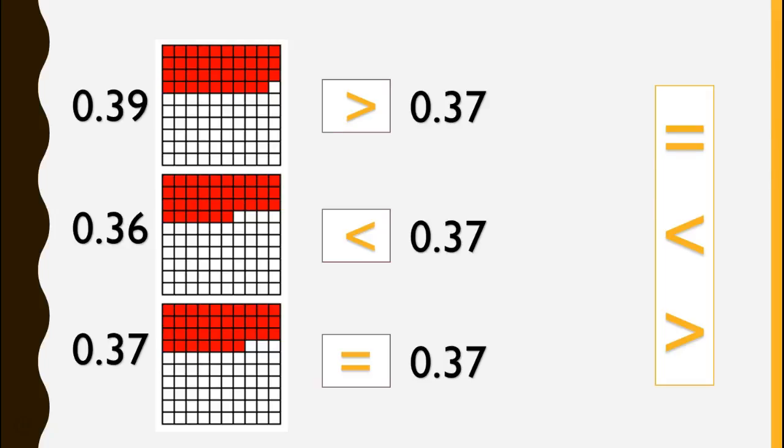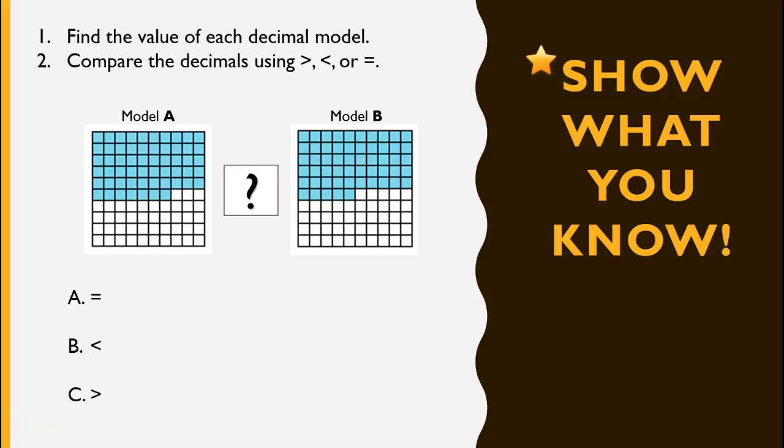All right, so now you get to do one all by yourself. You're going to look at Model A and Model B. The first thing I want you to do is find the value of each of these decimal models. What's the value of Model A? Write it on your paper. What's the value of Model B?